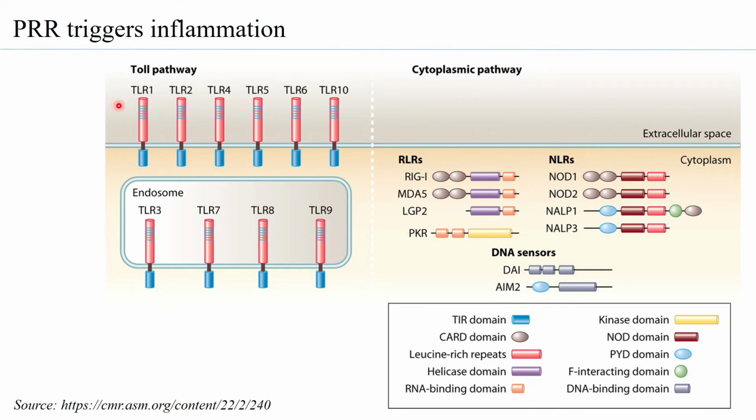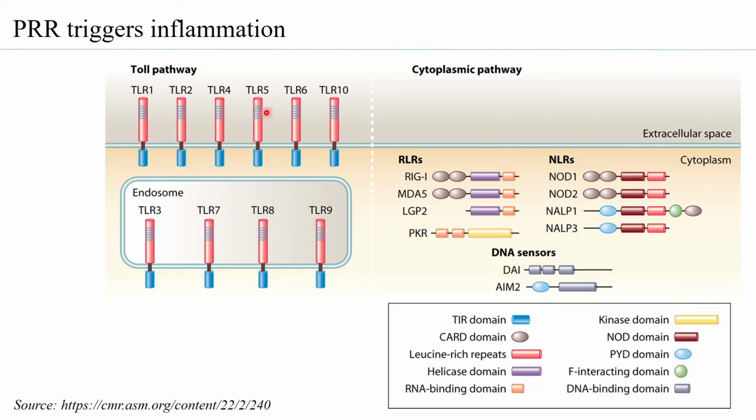For example, you have the toll-like receptors, and you will find several different prototypes of the toll-like receptor, and they are giving rise to what is called the toll pathway. Over here you can very clearly see that you have an extracellular domain, a membrane spanning domain, and a cytoplasmic domain.